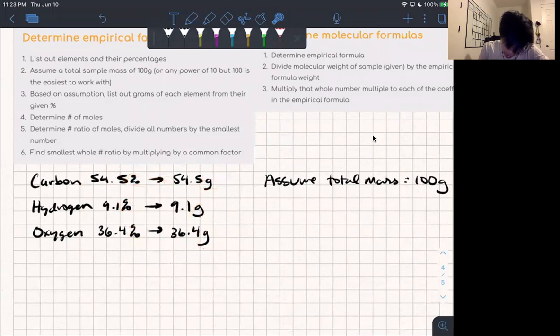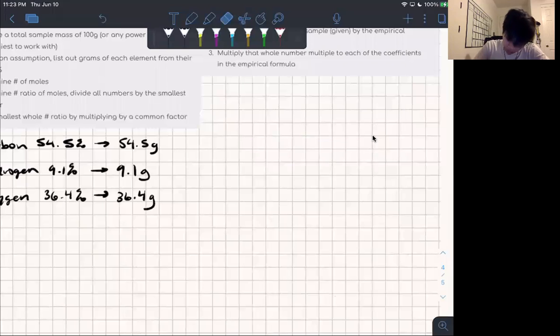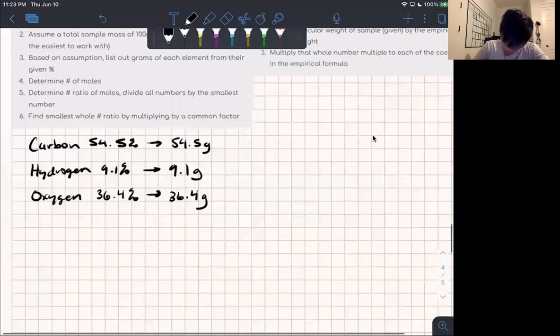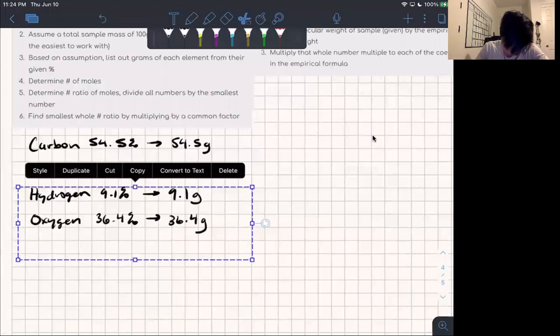And then 4, determine the number of moles of each. So we want to convert this into moles now. Same thing here, moles and moles. So let's do that. I think we can erase this part now. To convert these into moles, let's also give ourselves a little more room.